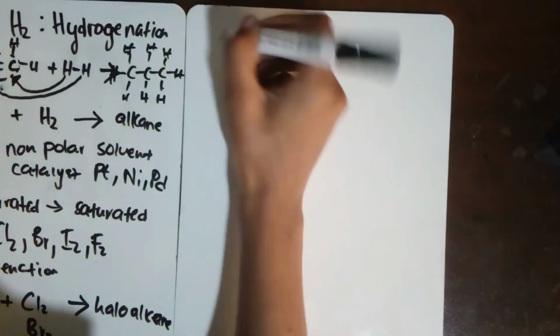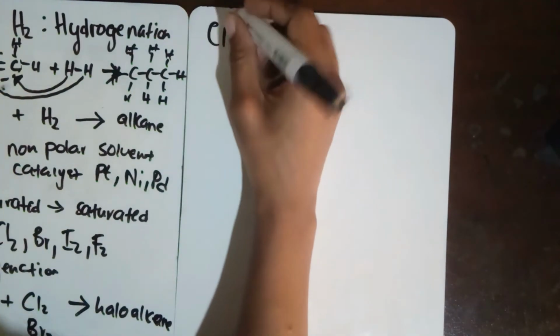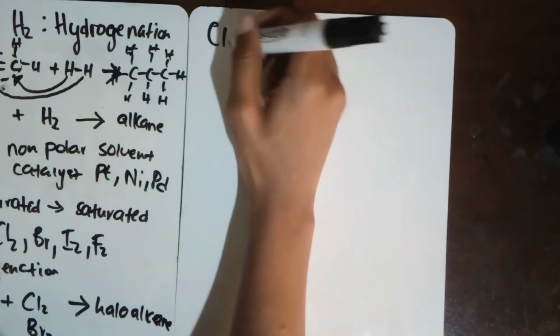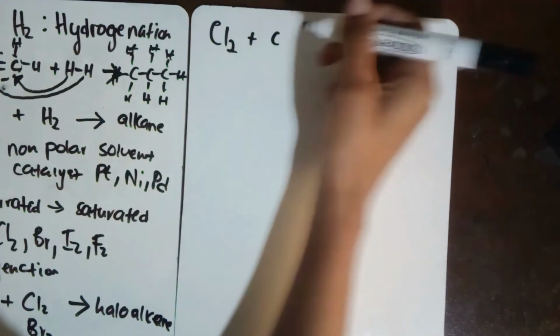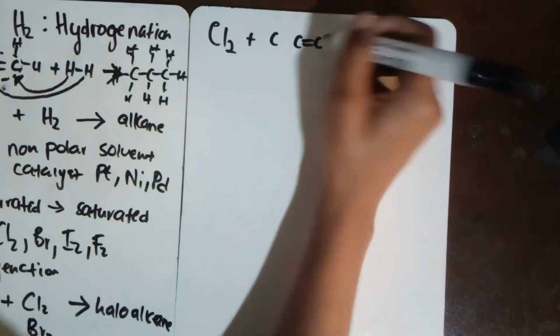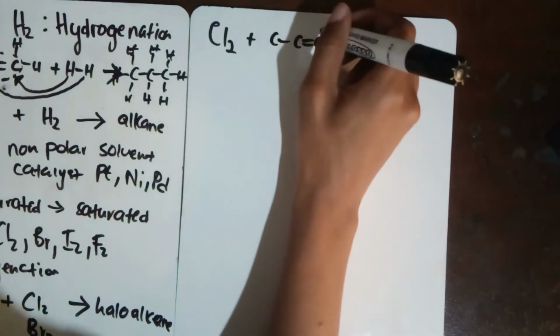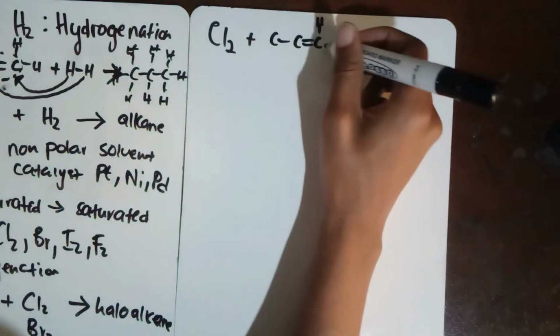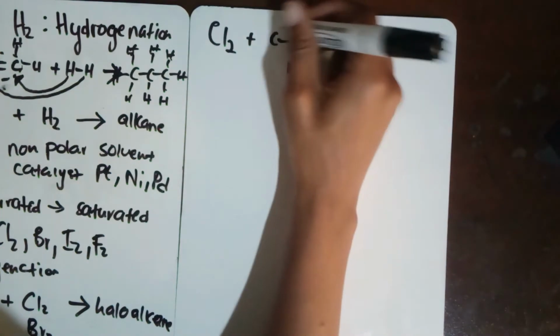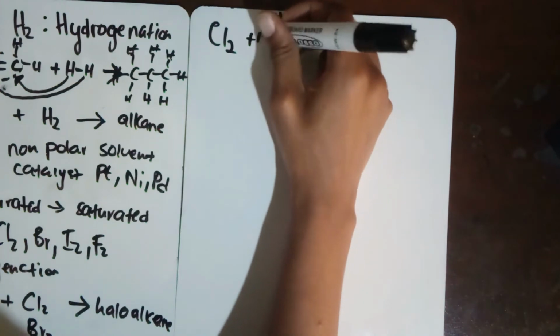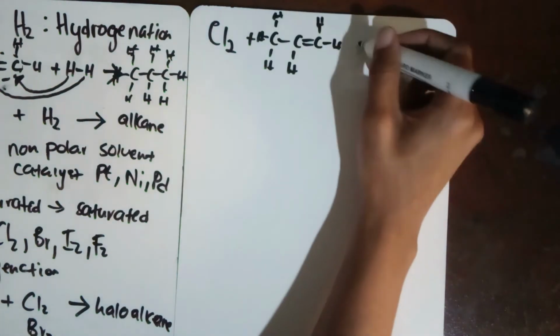So let us say we added chlorine, Cl2, to propene still. So what kind of chain do you expect?